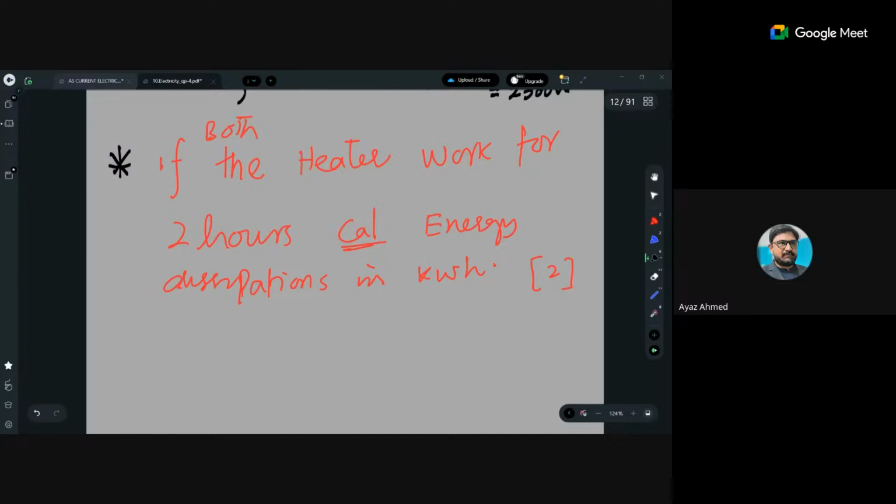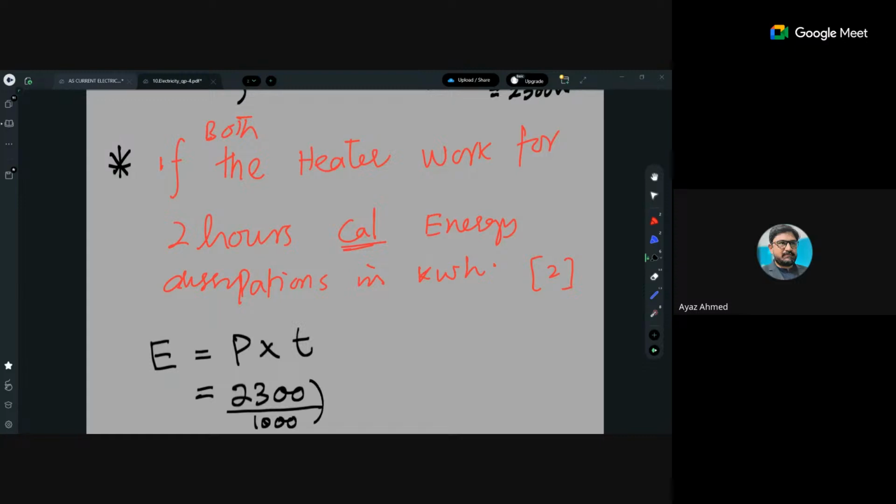What is energy? Energy is equal to power into time. Got it? Power of both the heaters is 2300 watt, and that is in watts. So when you divide it by 1000, now this power is in kilowatt. And what is time actually? Time is 2 hours.